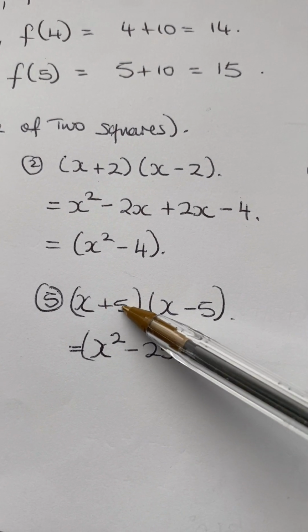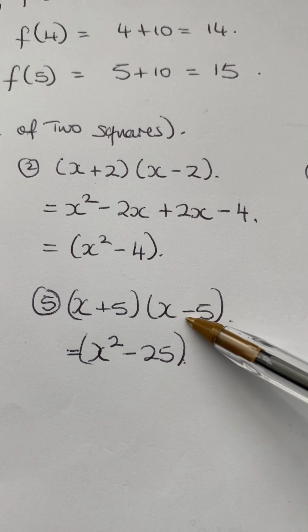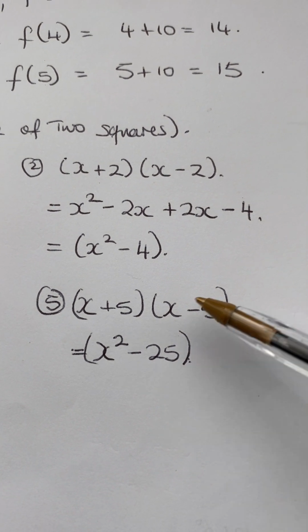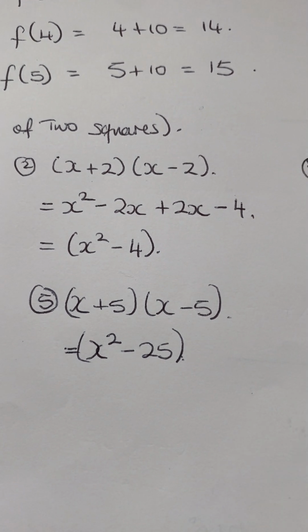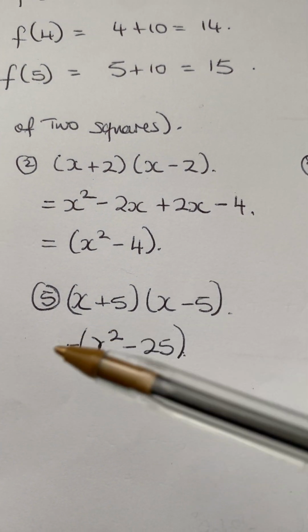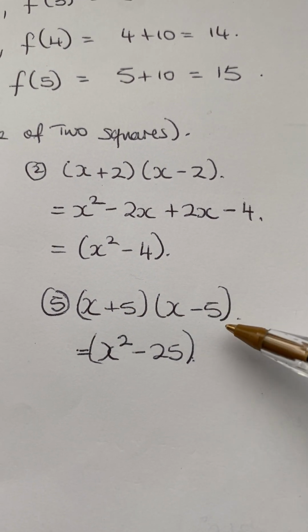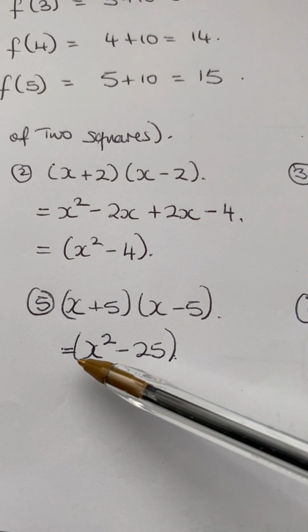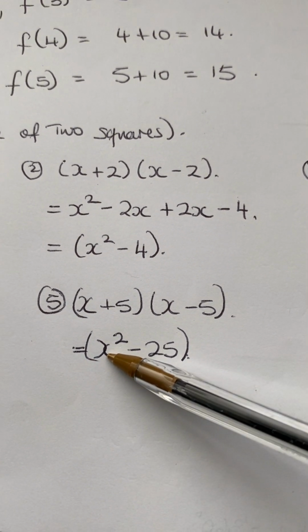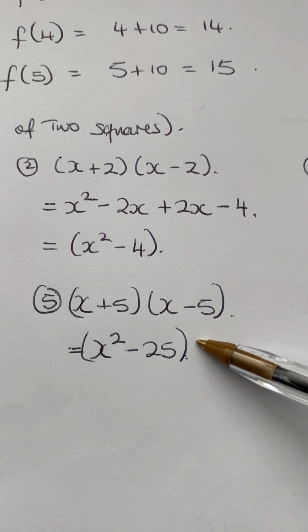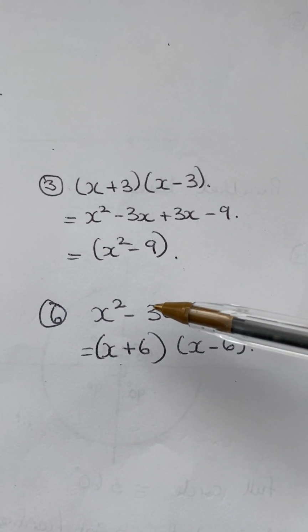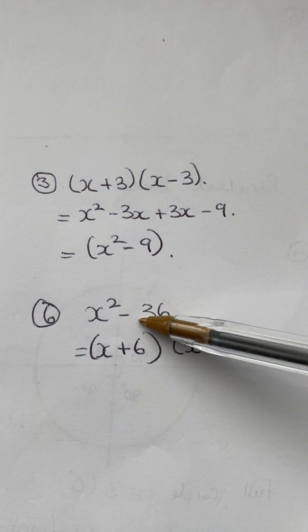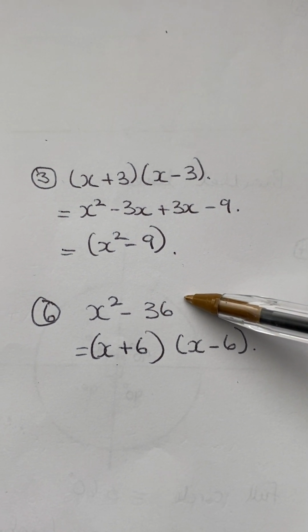Now x plus 5, x minus 5. Because there is a plus and there is a minus, it's also difference of two squares, because 5 times 5 is 25. So my answer will be x squared minus 25. Another example, x squared minus 36.